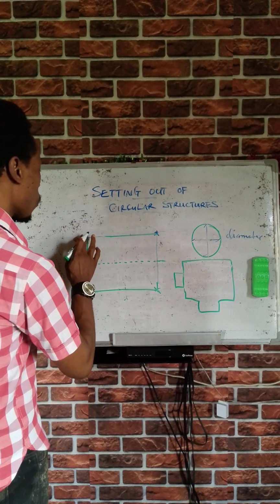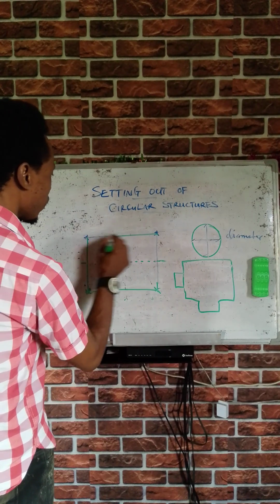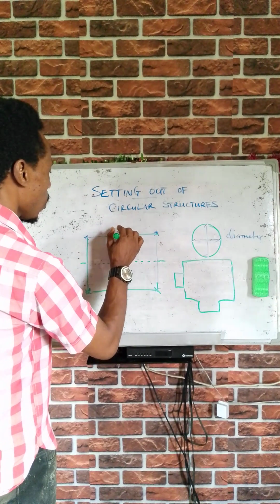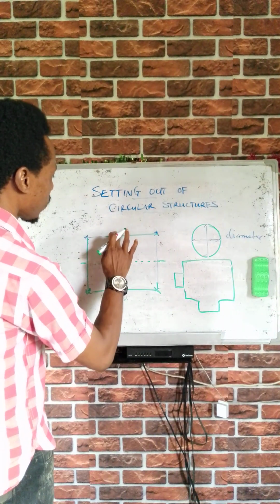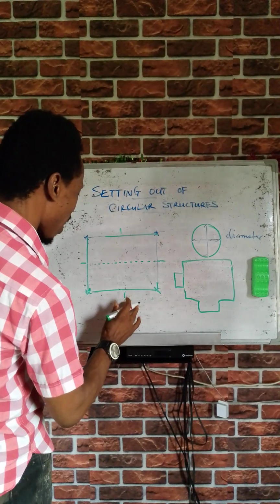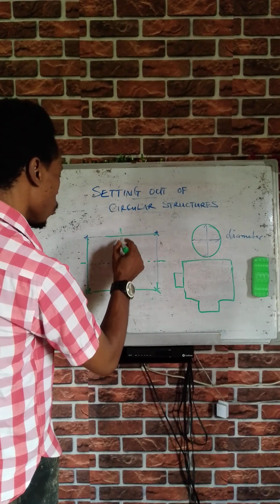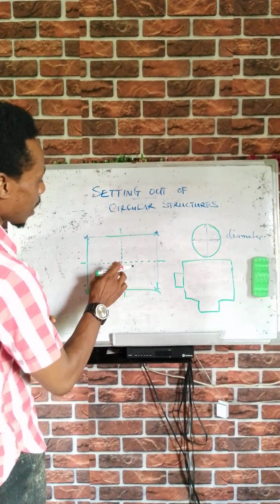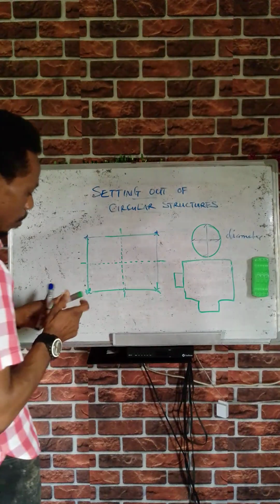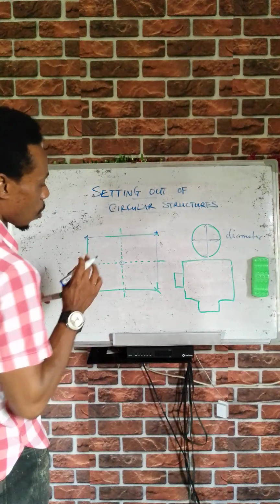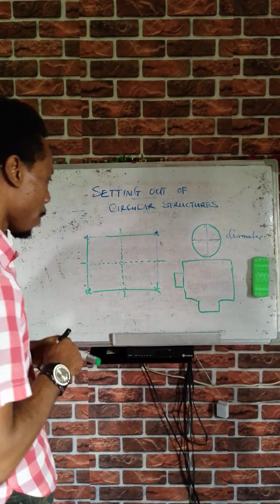Then you come to this point, measure and get the center point, half of this. You get half of this way too, so you run another line across. Where these lines meet becomes the center point.